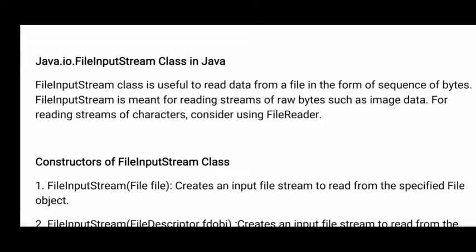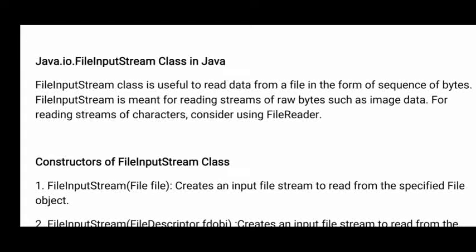Actually it is a collection of data, we can say a sequence of bytes. So file input stream class is useful to read data from a file, whatever data is there in the file. And how is that data represented? Actually it is a sequence of bytes.